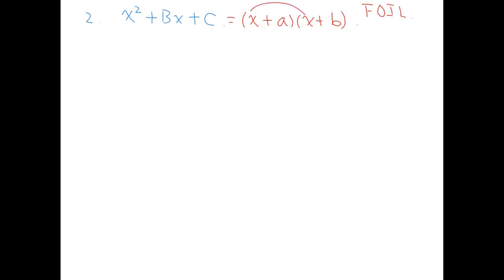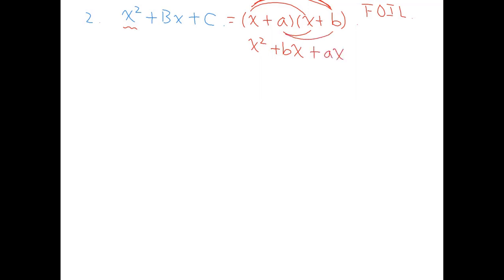x times x, and you will see x squared. And x times b, we will have bx. Then a times x, you will see ax.